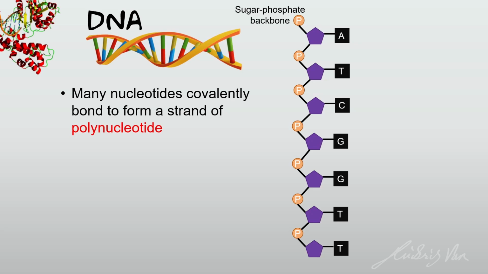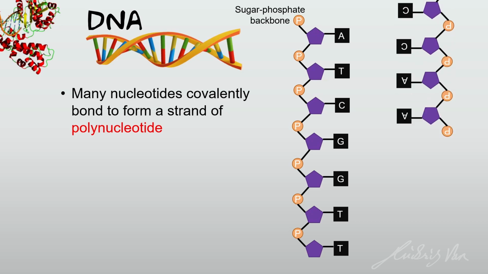So the sugar as well as the phosphate group, or the yellow colored line of the DNA molecule that you see down there, is known as the sugar phosphate backbone, just for your information. But of course, DNA is not just one single strand of polynucleotides. You can see from the 3D model, it is actually double-stranded. The other strand of DNA will bond to this original strand in this manner.